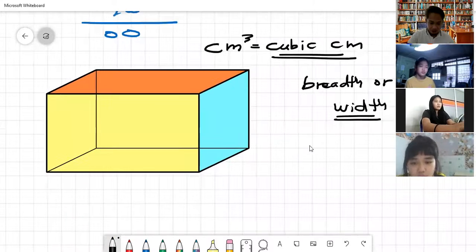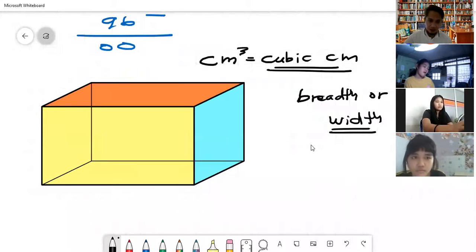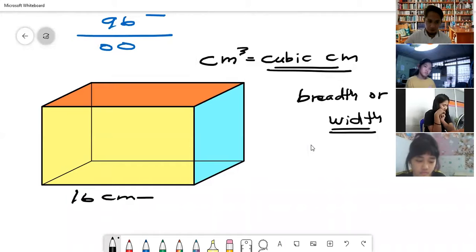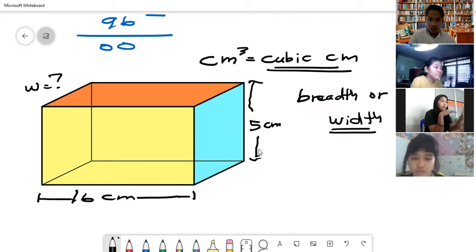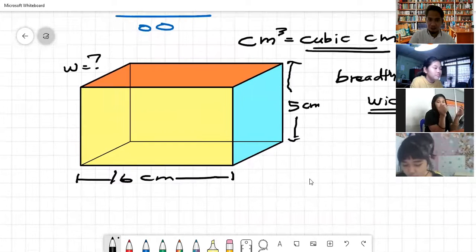Now, it's very easy. It's given. The length is 16. I will put the length here. Do not be confused. That is still the same up there and here. And the height is 5 centimeters. And the width is the question mark. And the volume is, what's the volume, everyone?